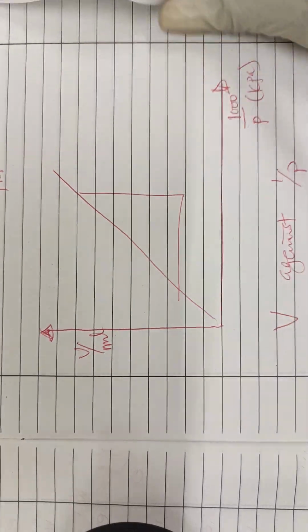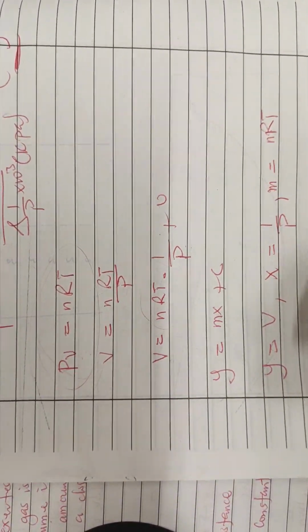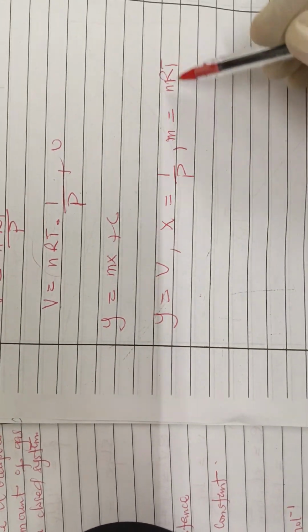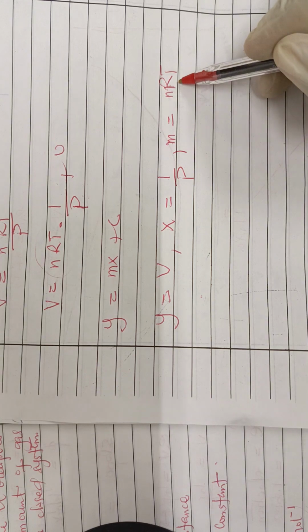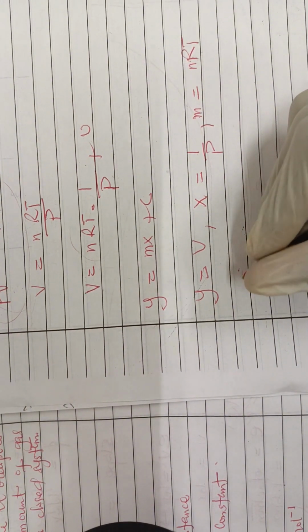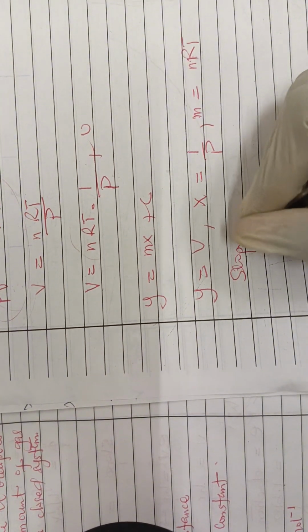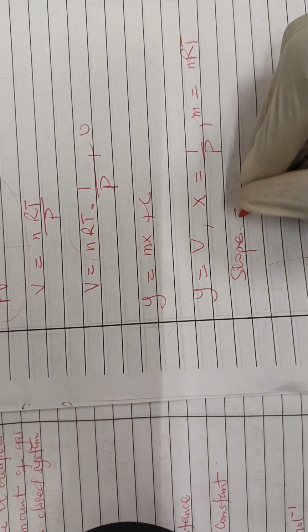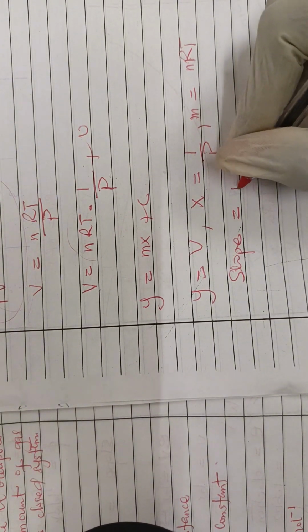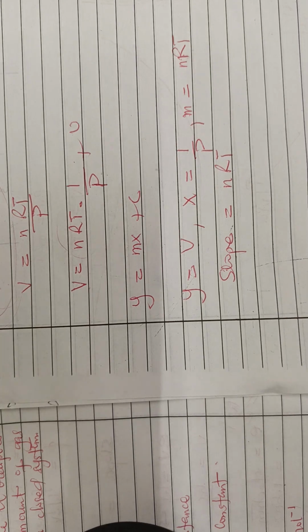So we find the slope. Now after finding the slope, we equate the value of the slope. We are interested in finding R, the universal gas constant. So our slope becomes nRT.